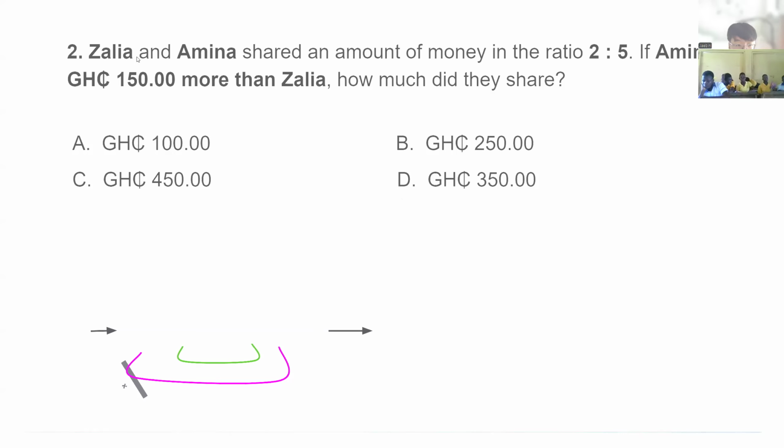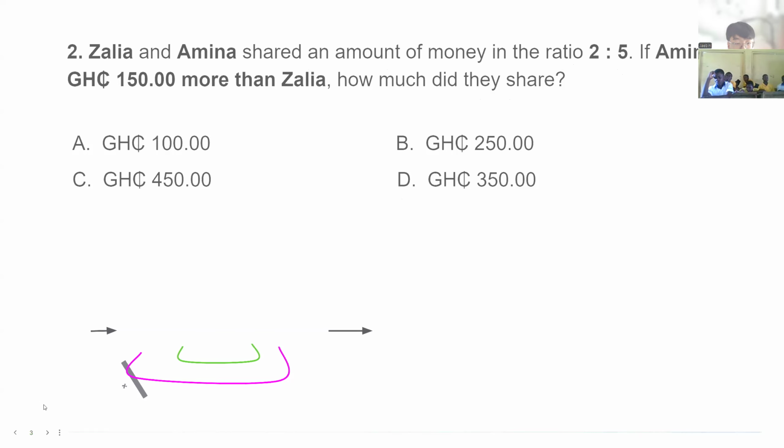So Zalia and Amina shared an amount of money in the ratio 2 to 5. If Amina had 150 Ghana cedis more than Zalia, how much did they share?